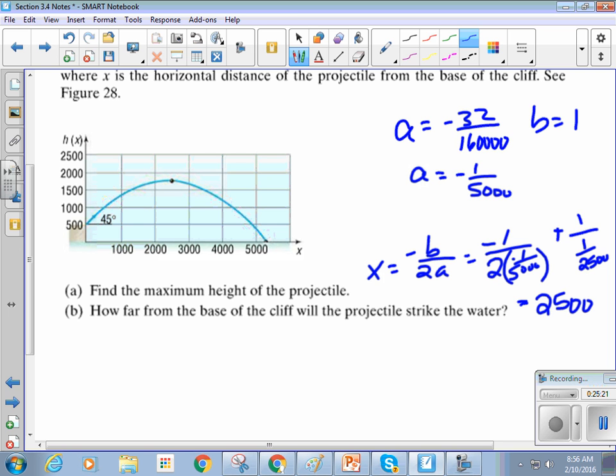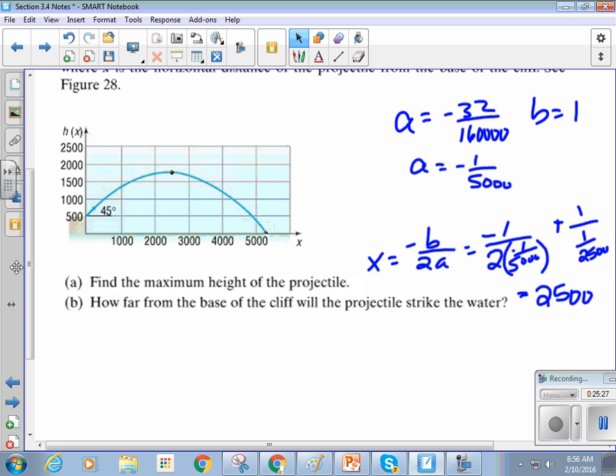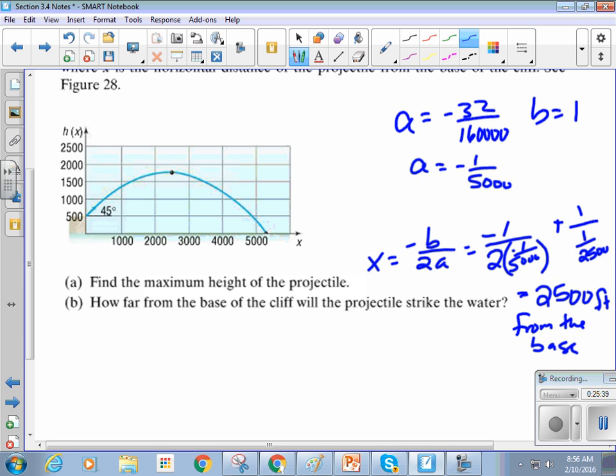I was looking to see if it's in feet, but my graph doesn't tell me, and I have to come back up here. Yeah, feet. Okay. So at 2,500 feet from the base, I achieved our maximum height.